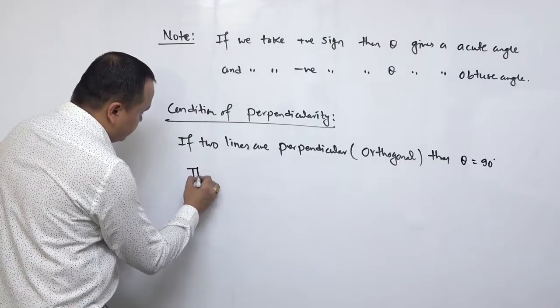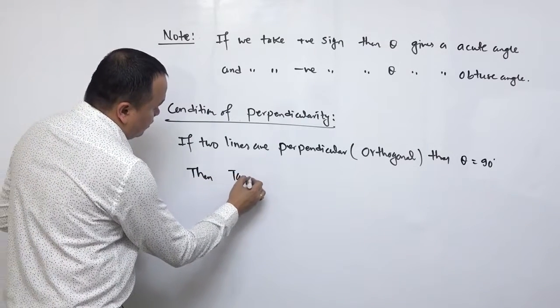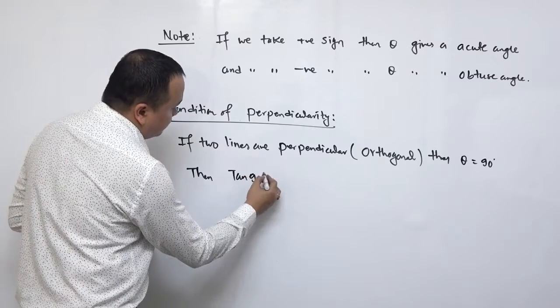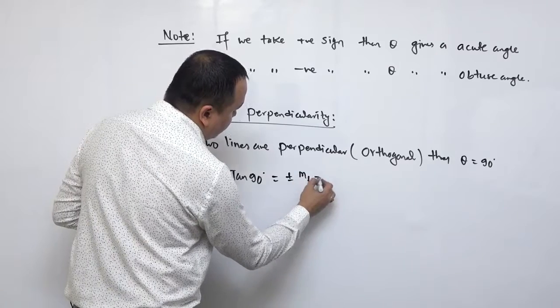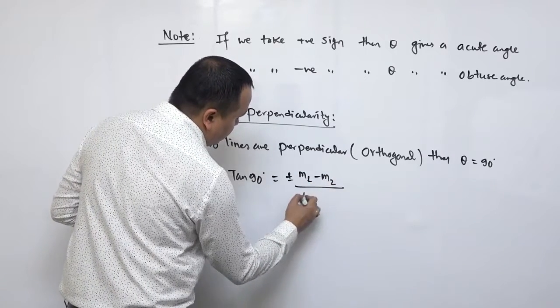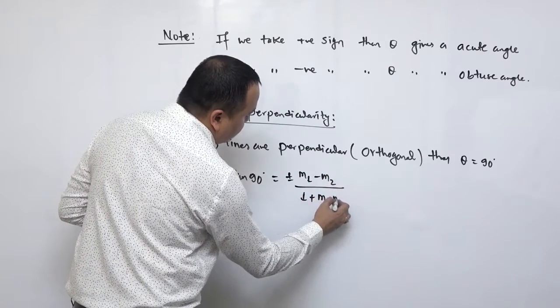Then tan 90 is equal to plus minus m1 minus m2 upon 1 plus m1 into m2.